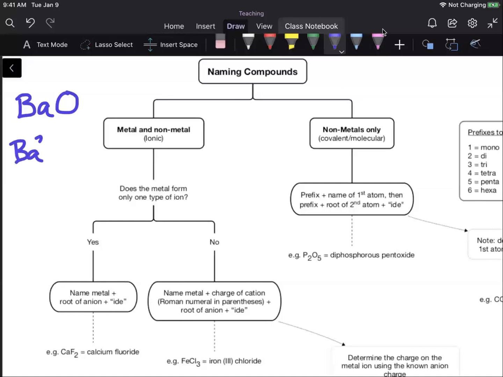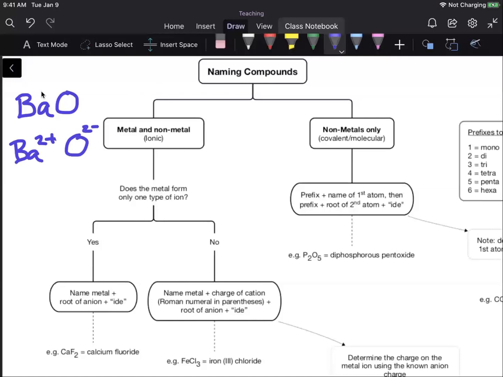This is not so much for the naming, but just to get used to what is forming that ionic compound. Barium is 2 plus, and oxygen is in group 6A, and elements in group 6A form 2 minus. So it's composed of those two ions.